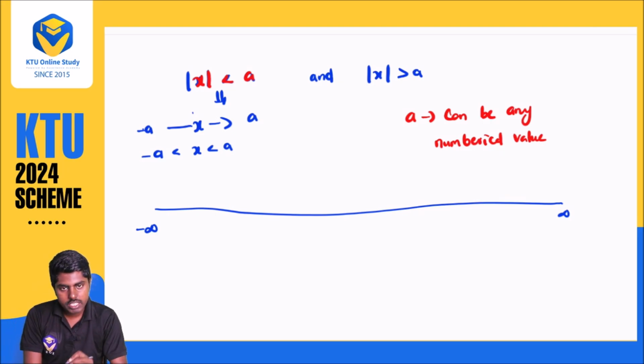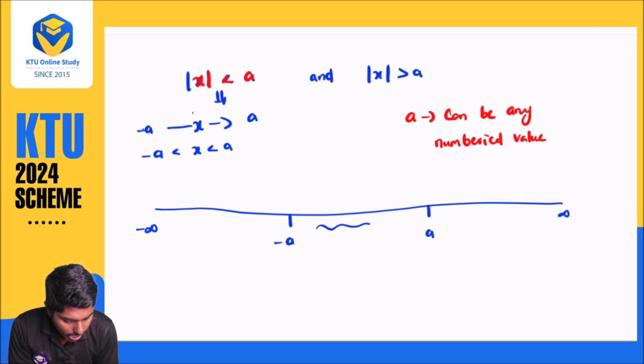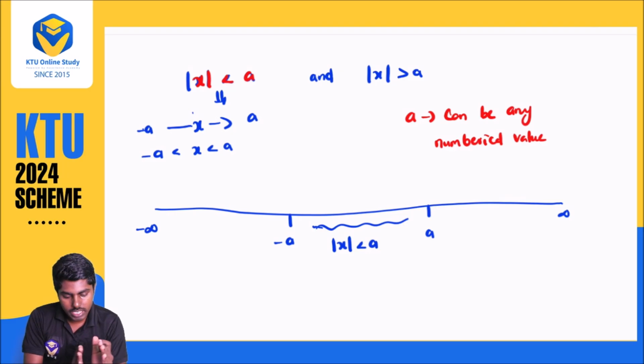They are indicating about minus a to a. So in between you will have some value, and that is represented as mod x is less than a. This is the symbol of mod x less than a.